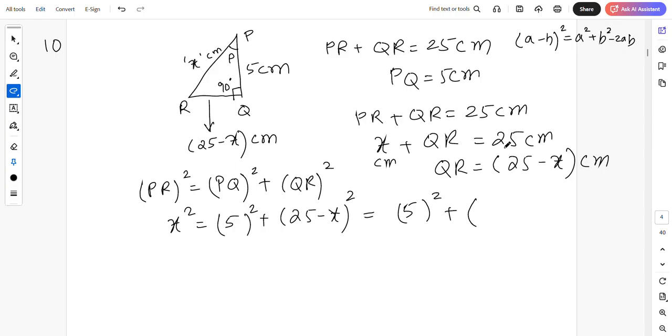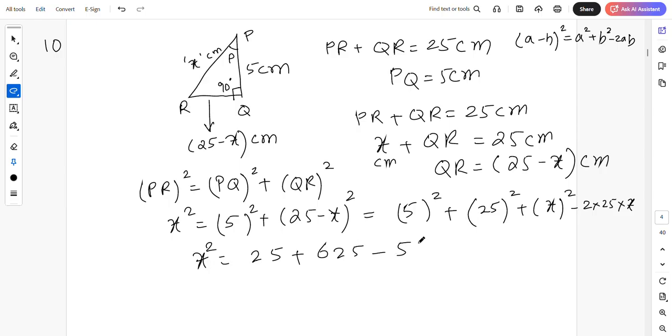So x square is equal to 5 square, which is 25, plus 25 square, which is 625, minus 2 into 25 into x.